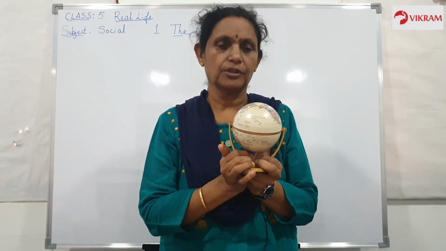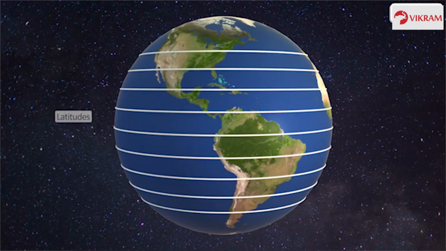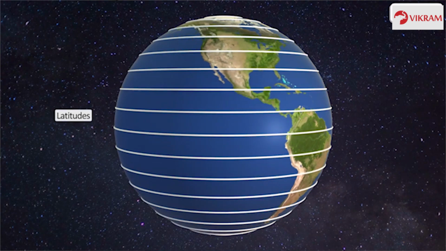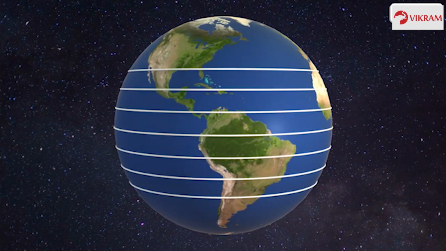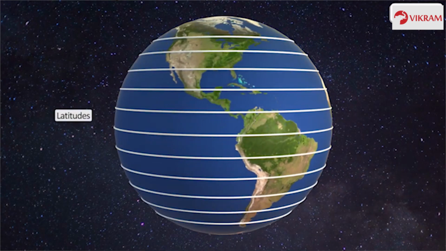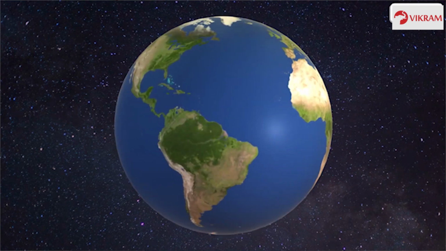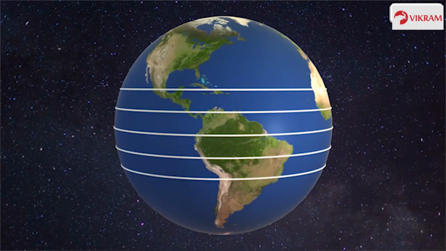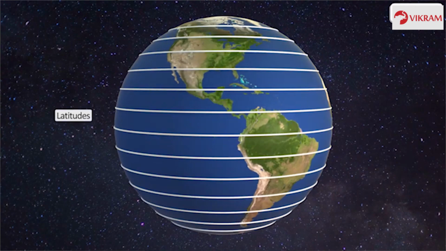Latitudes. To the north and the south of the equator, there are many imaginary lines which are parallel to the equator. They do not meet at any point as they are parallel lines, so they are called parallels of latitude. Thus, latitudes are parallel lines drawn from north to south of the equator.